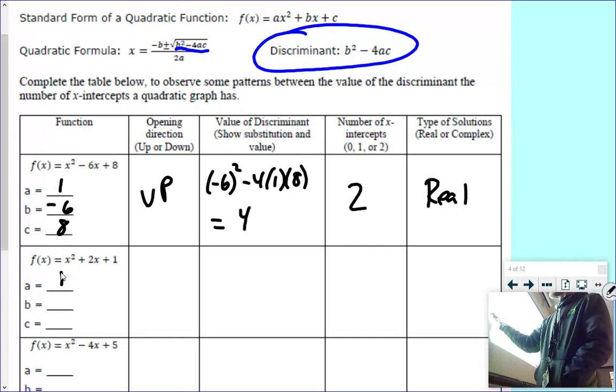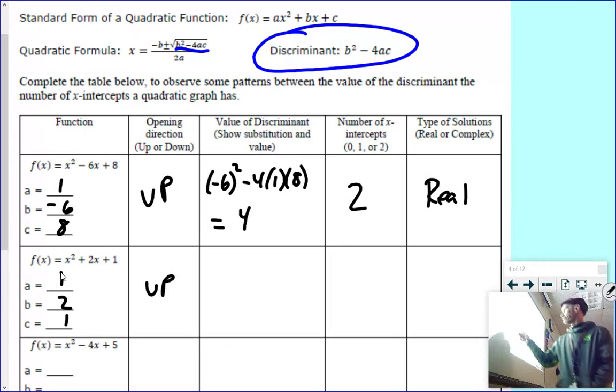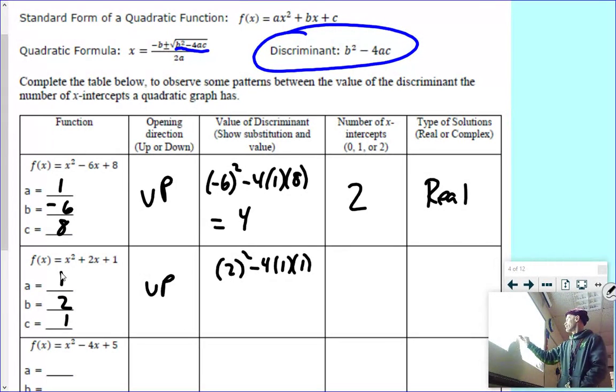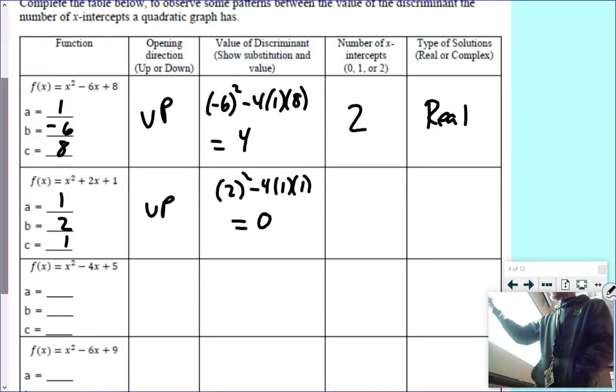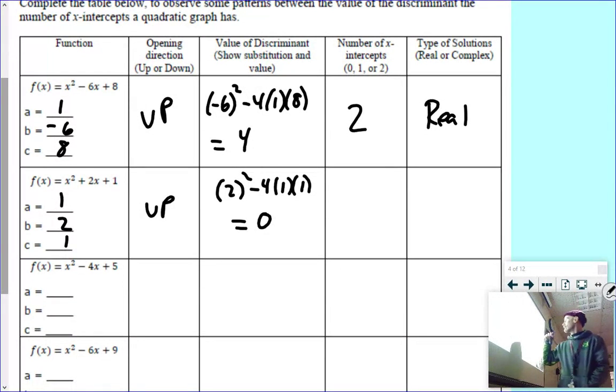Again, a is 1, b is 2, c is 1, so it opens up. The discriminant is 2 squared minus 4 times 1 times 1, which is equal to 0. If you graph that, it turns out there's only one x-intercept.